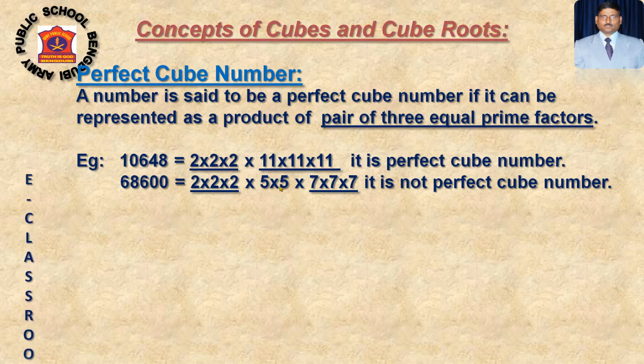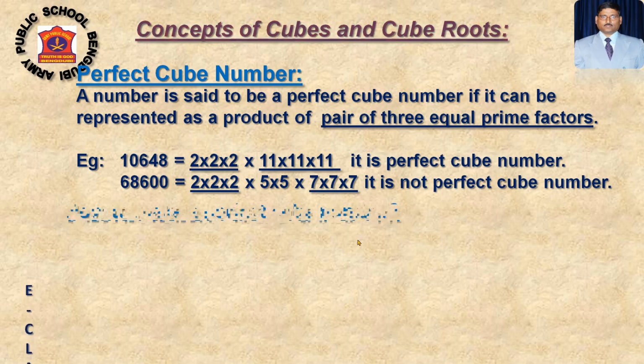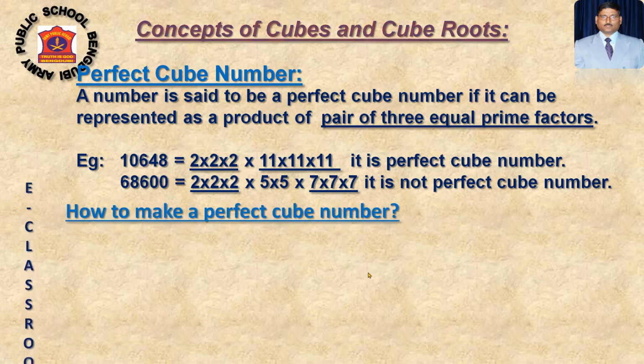That means 5 5s are 25. If I divide the given number by 25, the result will be what? Only 2 and 7 will be left out. Then again it will be a perfect cube number. Understood? How to make a perfect cube number? Either by multiplying, I said, this number, if I multiply it by 5, it will be a perfect cube number. If I divide it by 25, it will be a perfect cube number.